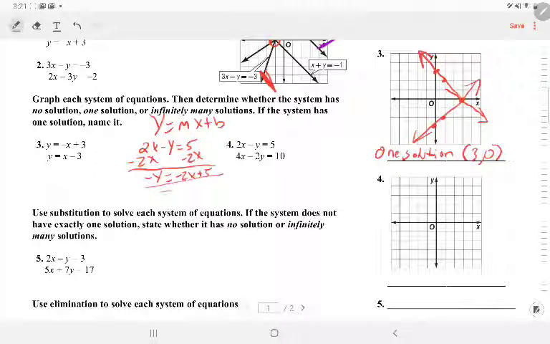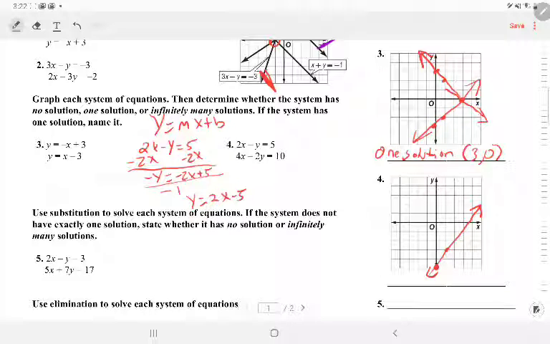Then divide everything by negative 1, and I get y equals 2x minus 5. Well, I could go ahead and graph that line. So that's 1, 2, 3, 4, 5. Puts me where it crosses the y-intercept at negative 5. And my slope is 2, so up 2 over 1. And that's going to put my line something like this.